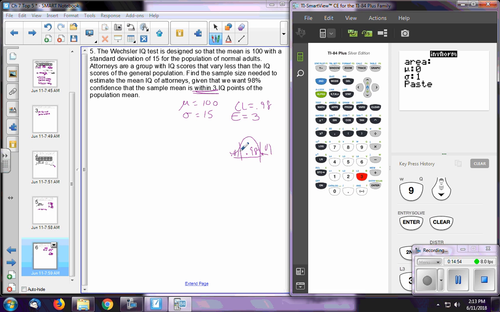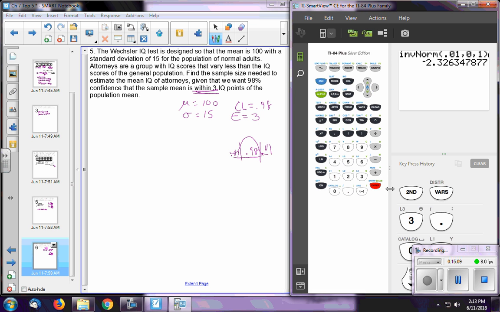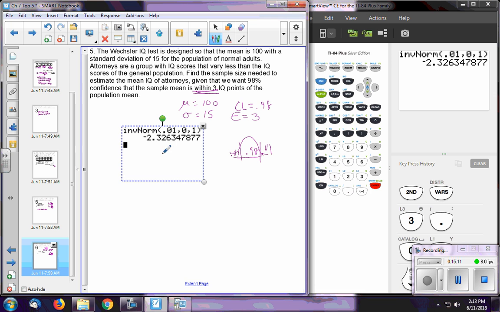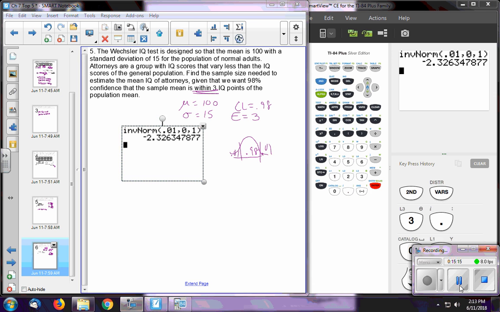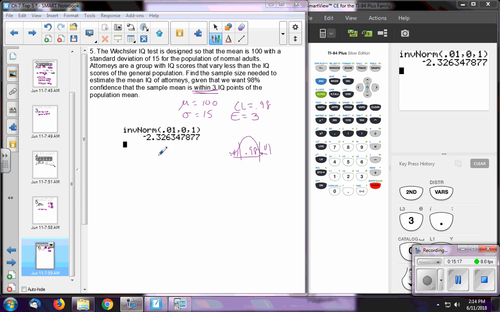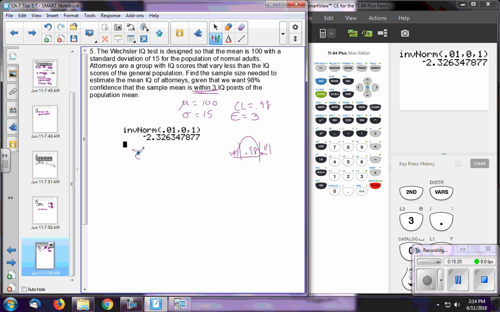The area to the left is 0.01, and when you're looking for a z-score, you use placeholder values of 0 and 1 for your mean and standard deviation. Remember, that's because the mean and standard deviation of your standard normal distribution fit those criteria. So from this, we find that our z-score in this case is 2.33.